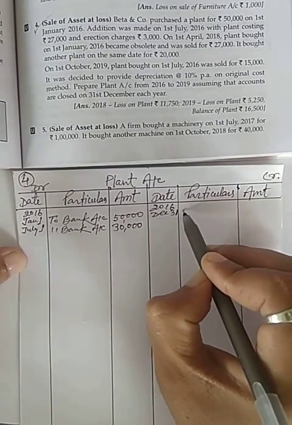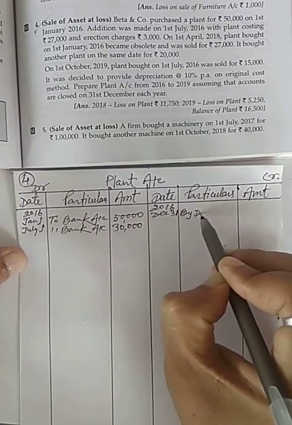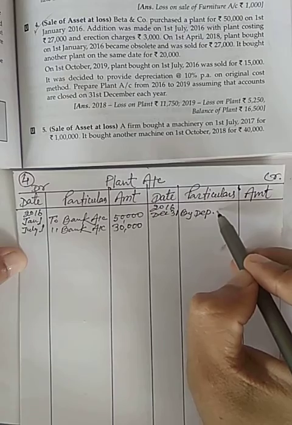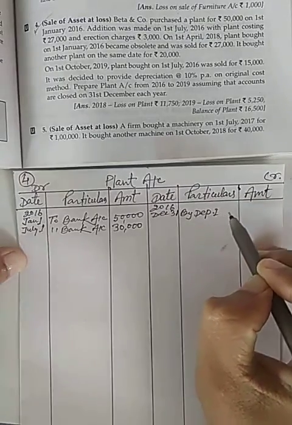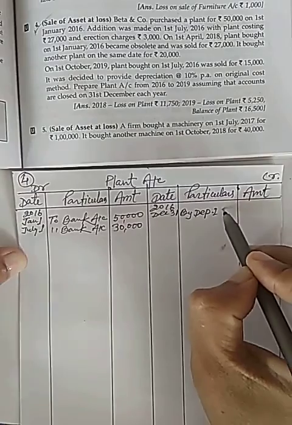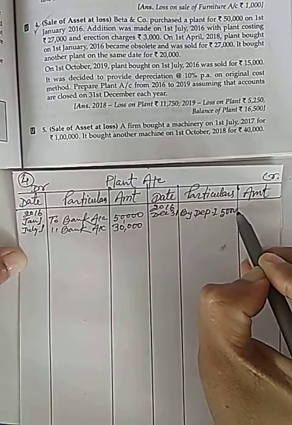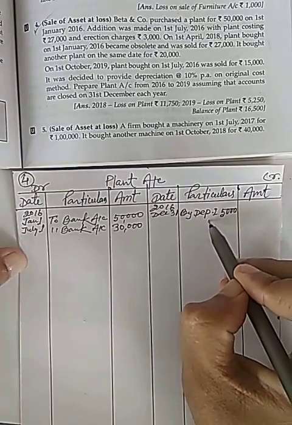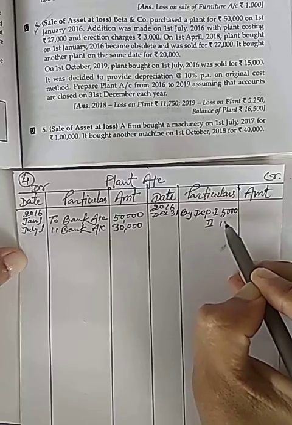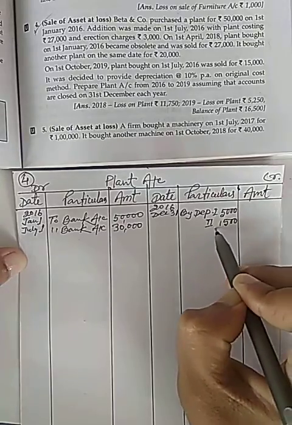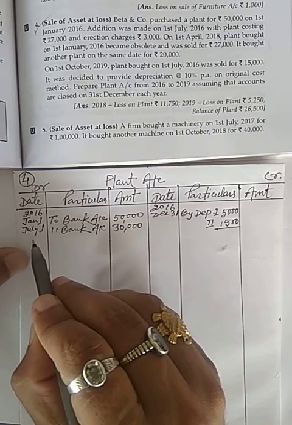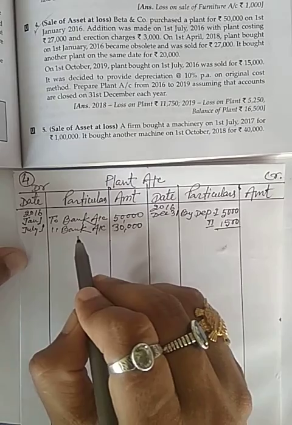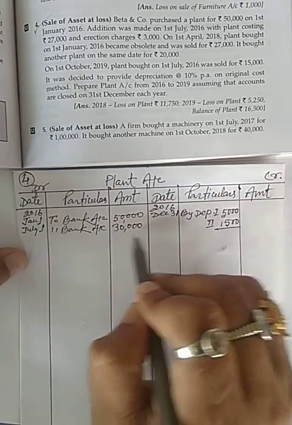Now I will write by depreciation on the first plant will be 5,000 at the rate of 10% per annum, and on the second plant depreciation will be 1,500, because the second plant has been purchased on July 1st and it will be 6 months.